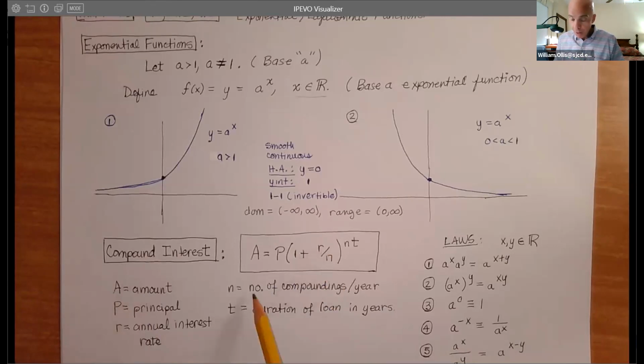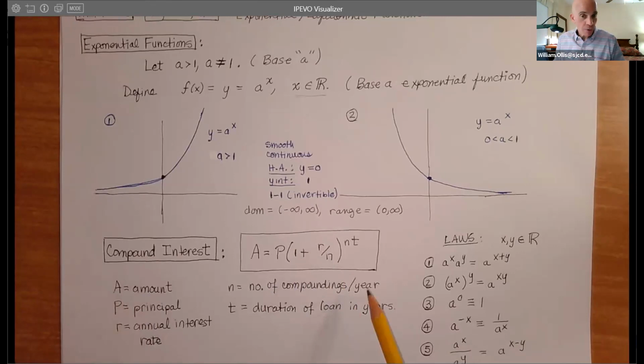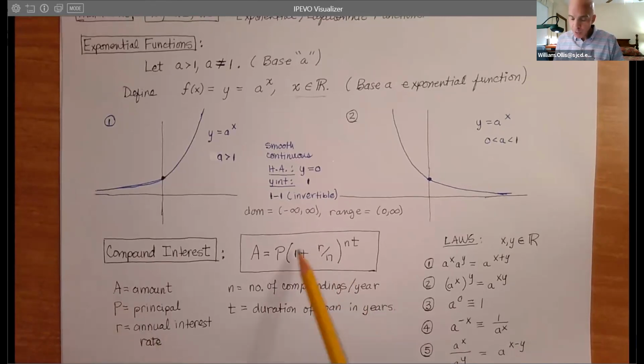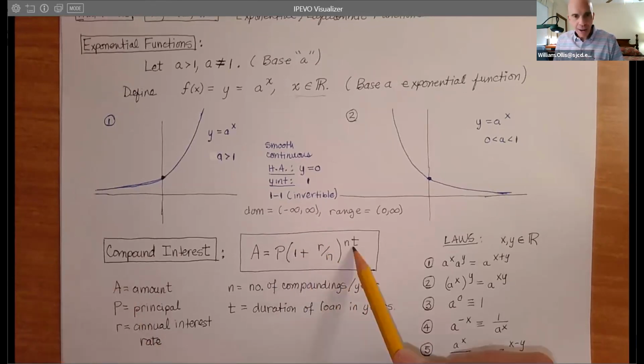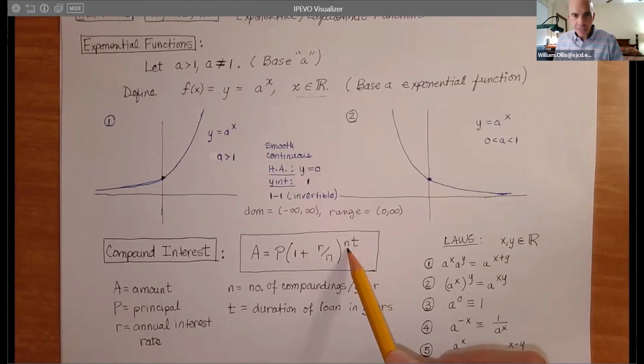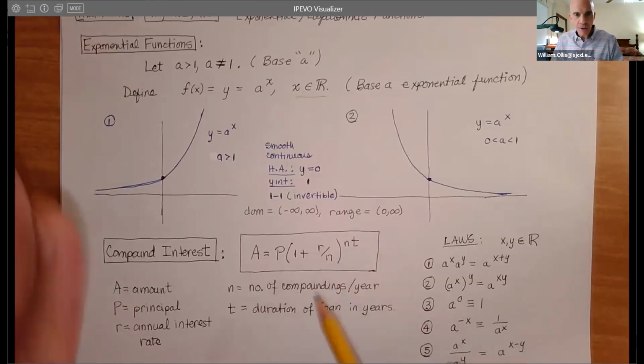So the annual rate of interest, r, is a fixed number. The number of compoundings per year, say maybe 12 times per year or 2 times per year or whatever, is another fixed number, and 1 is fixed. So what we see here is that this positive number, 1 plus r over n, is a base, and it is raised to a power. That is the nt. The t is fixed, but the n varies, and the t varies. So we get a quasi exponential function.